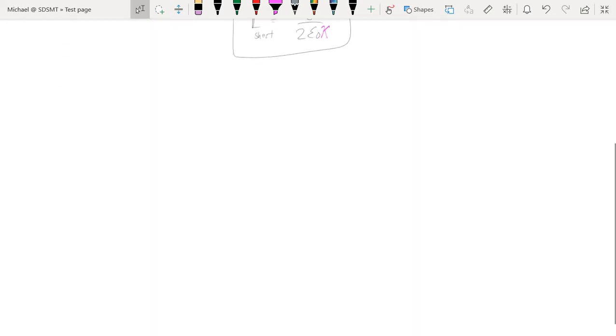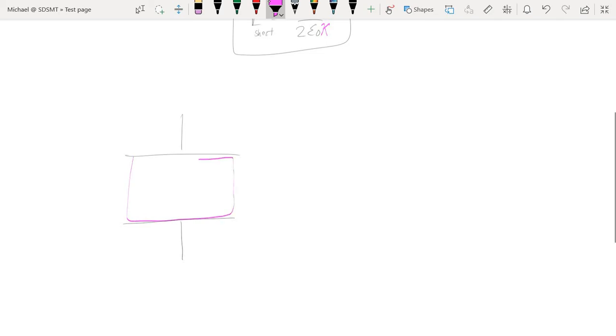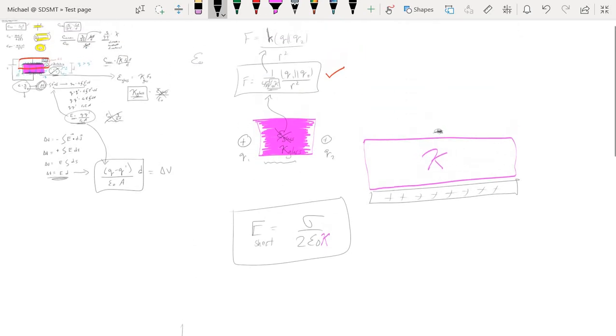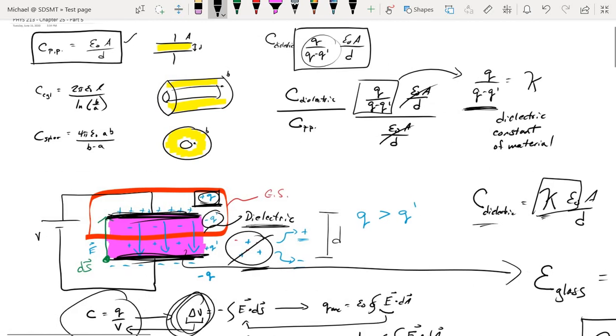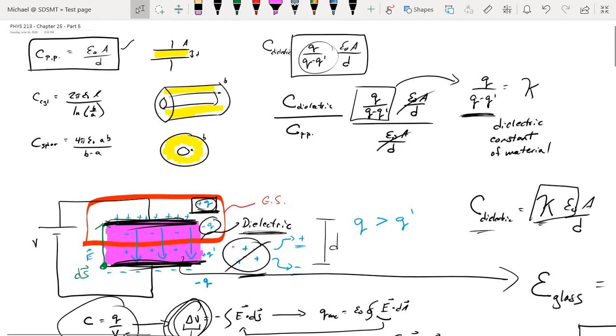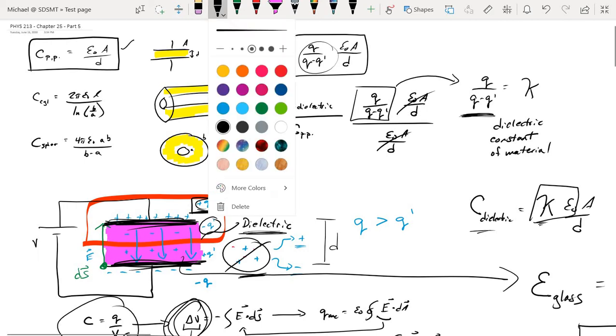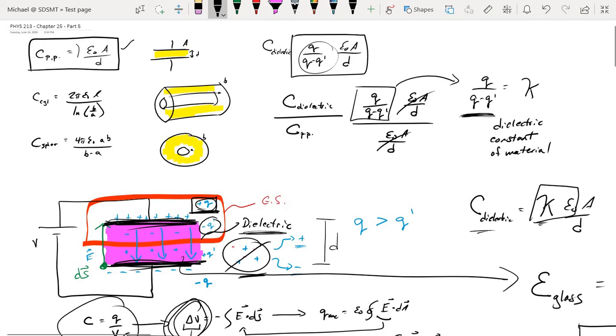Now, these dielectric materials, once we've placed that dielectric material in between the plates of our capacitor, we can take any of the previous equations and, believe it or not, we can update every single equation just by incorporating the kappa value with epsilon naught.